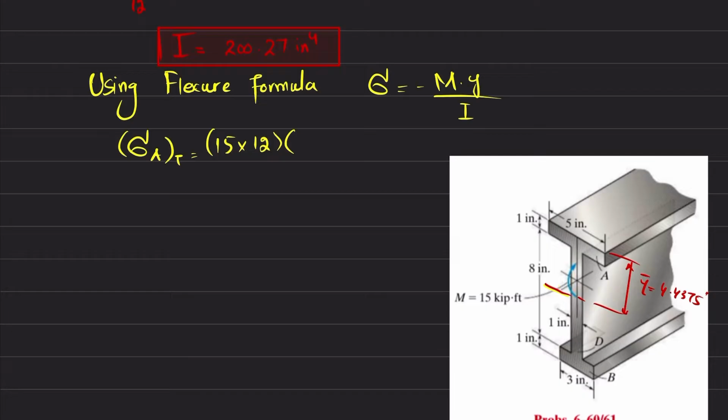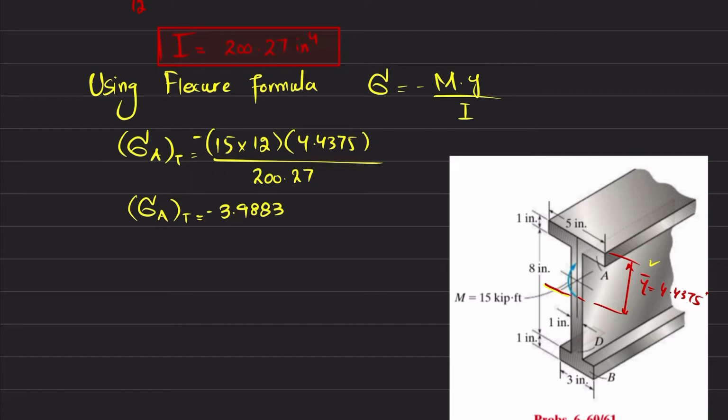So y is the distance from the neutral axis to the topmost. So sigma A top, there is a minus sign, 4.4375 divided by I, and that is 200.27. So sigma A at the top of this flange comes out to be 3.9883, and that will be minus, and the unit will be KSI.